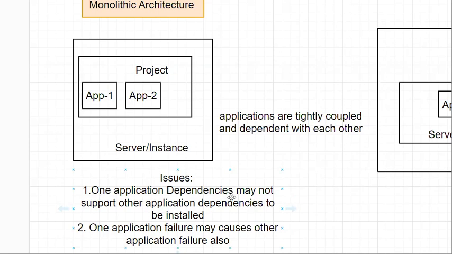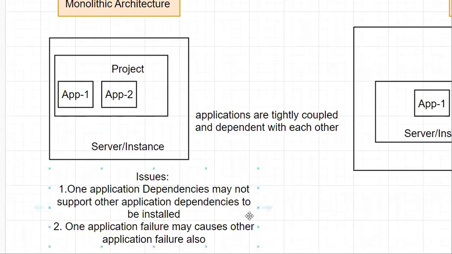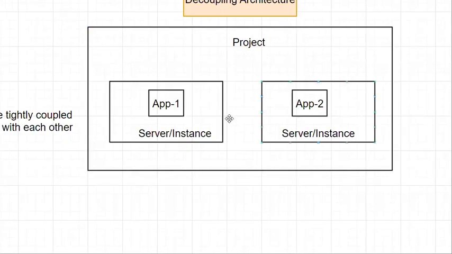One application's dependencies may not affect other application's dependencies, because these dependencies will be installed on this server and those dependencies on that server. So the dependencies present on one server will not affect the dependencies on the other, because they are different servers, right? Yes. So they both run on their own.